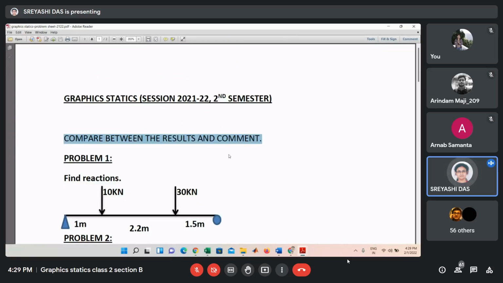That means you have to find the result analytically and graphically, and then compare the two results. Find the percentage error, and then comment on what you think may be the reason. So you have to give that comment.